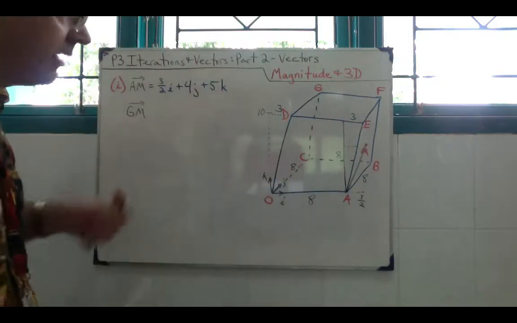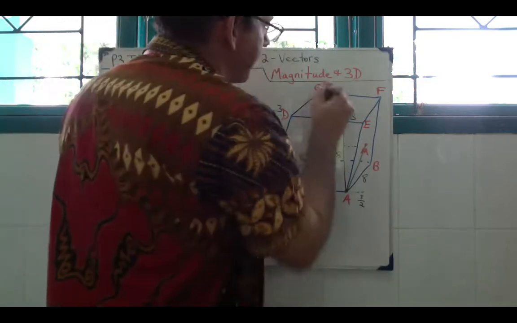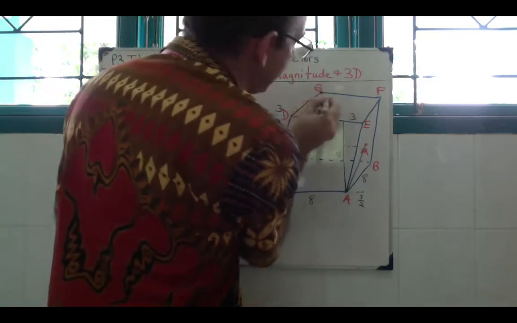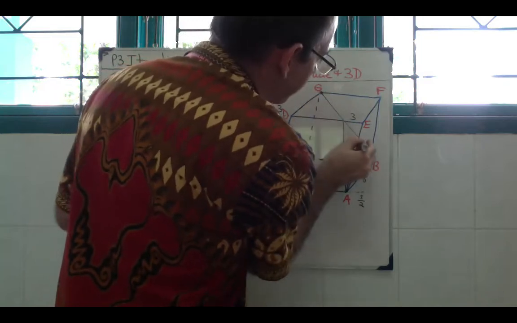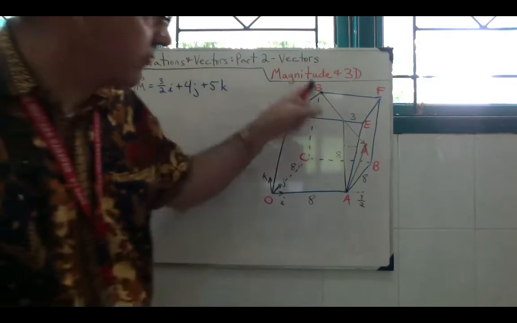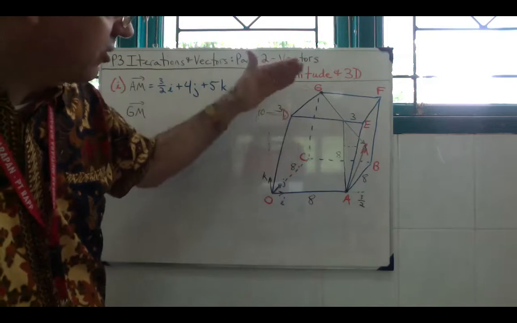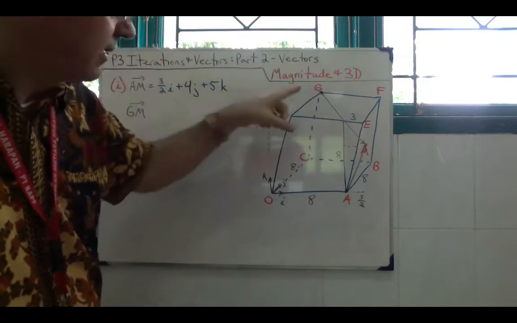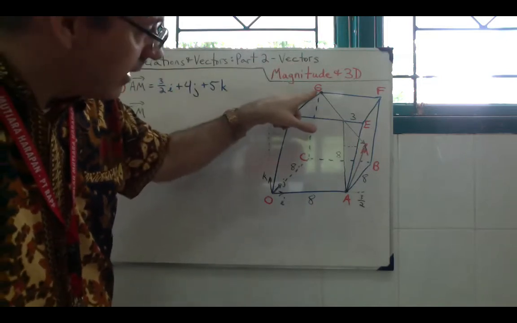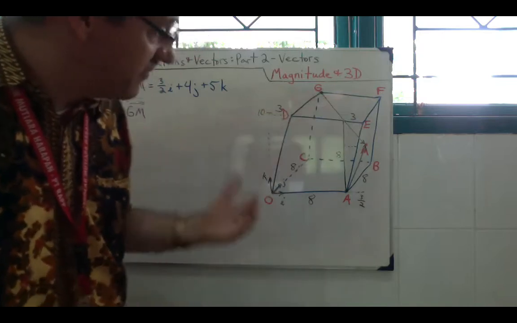Now we want to look at from G to M. Here's G, here's M. So going that way. Make sure you know which direction you're going. We're going from G to M. And so now again, you want to look at the I value.